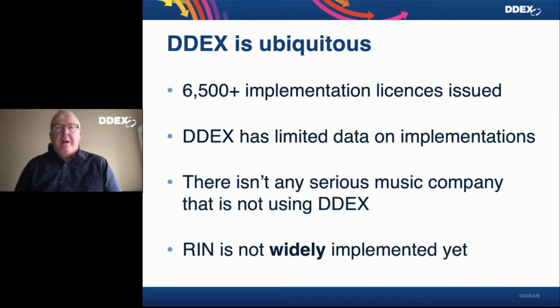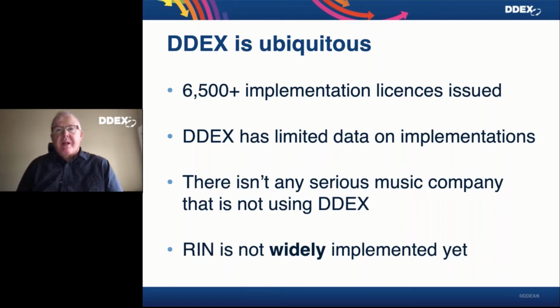So RIN is part of a family of standards within DDAX, and DDAX is now increasingly ubiquitous. We have issued well in excess of 6,500 implementation licenses. That means 6,500 companies who are implementing the standard.